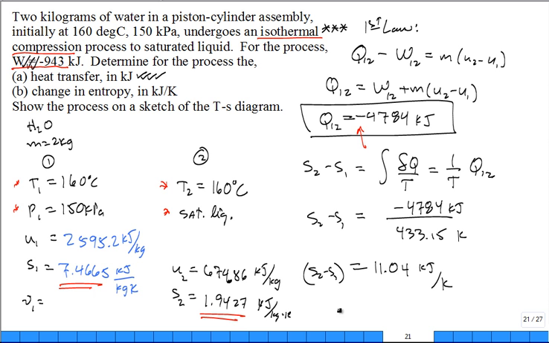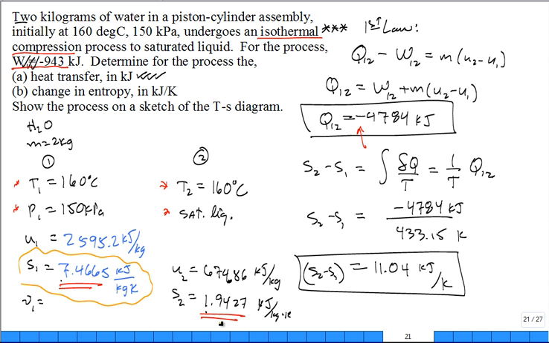And then if you evaluate this minus this and multiply by 2 kilograms, you get the same number. So we really use this to check the answer to part B, but you get the answer to part B just by using the definition of entropy change. Make sense? Let's move on.